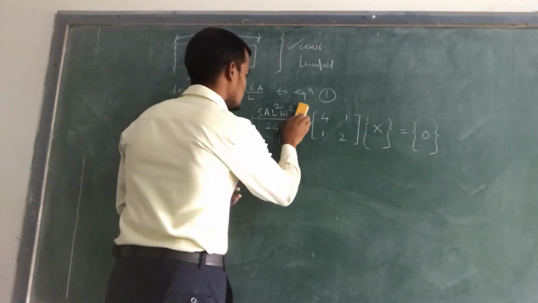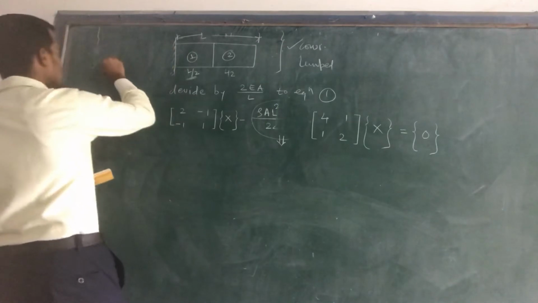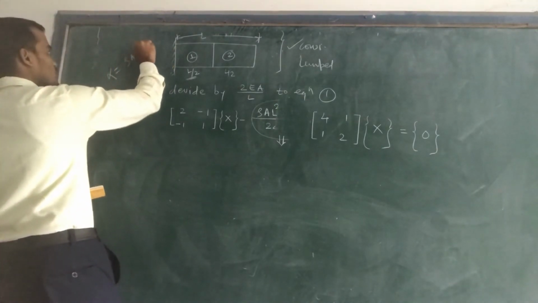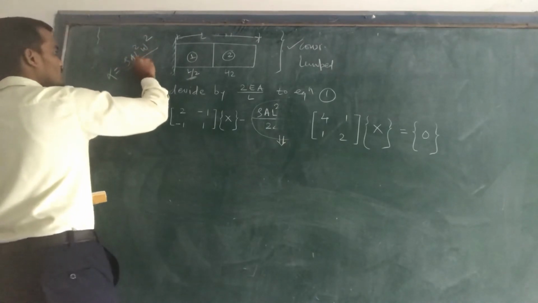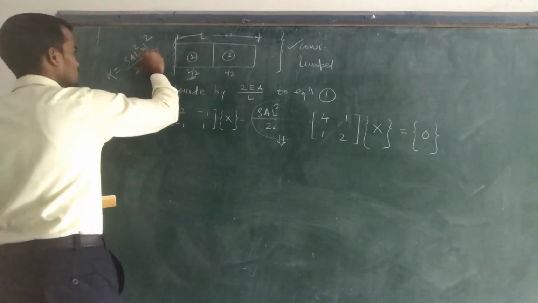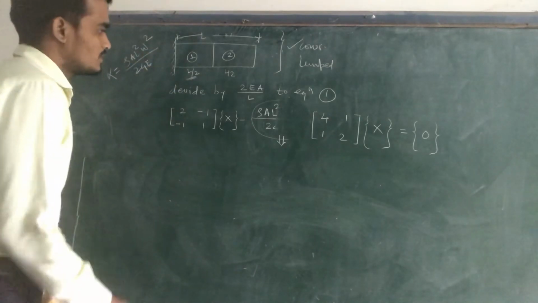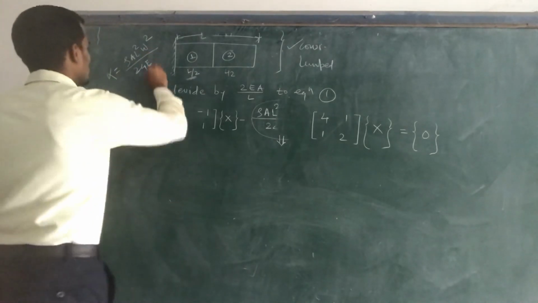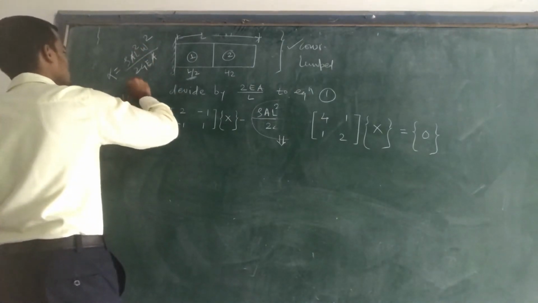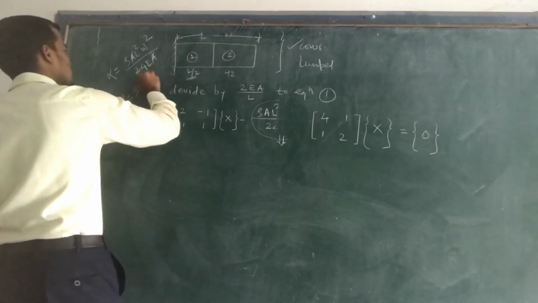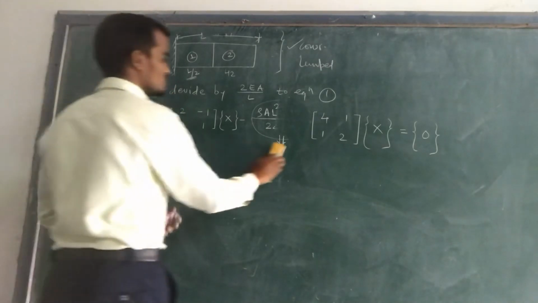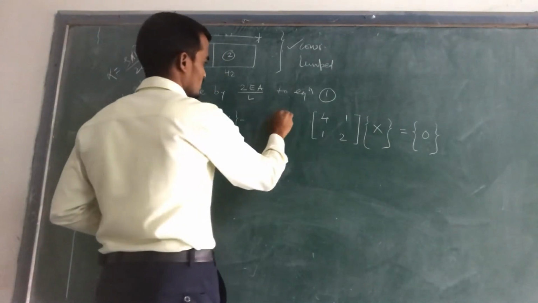Alpha is equal to rho times A into L square into omega square divided by 24 times E. Here A will get cancelled, so alpha will become rho into L square into omega square divided by 24 E. So instead of this term, we will write down alpha.